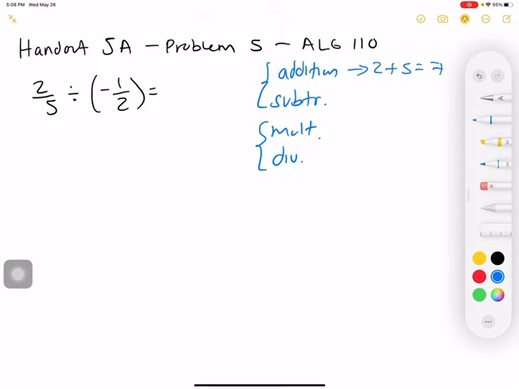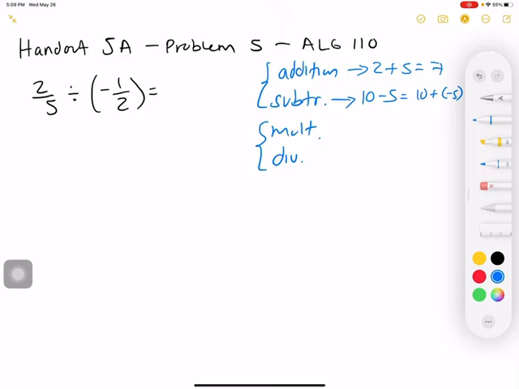The rule for subtraction is adding the opposite. So 10 minus 5 means you are adding the opposite of 5, which is 10 plus -5. This is a way to see subtraction, adding the opposite, and you get the same result.